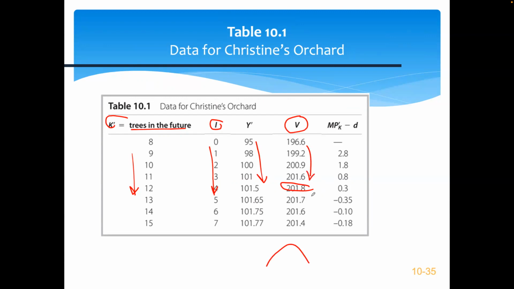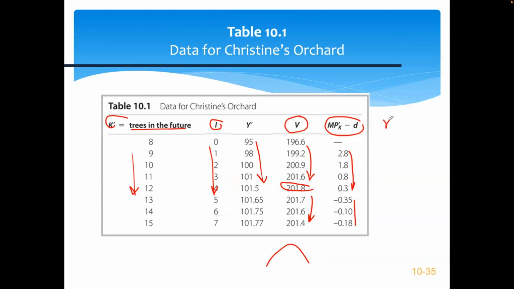But then gradually the profit starts to decline, right? And what's the secret? So here, this is the marginal benefit. The marginal benefit is declining. And reaching a certain point, it becomes negative.